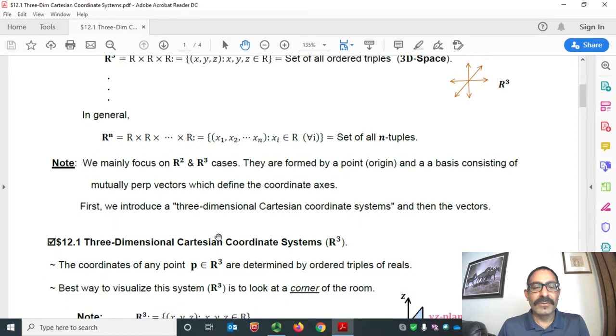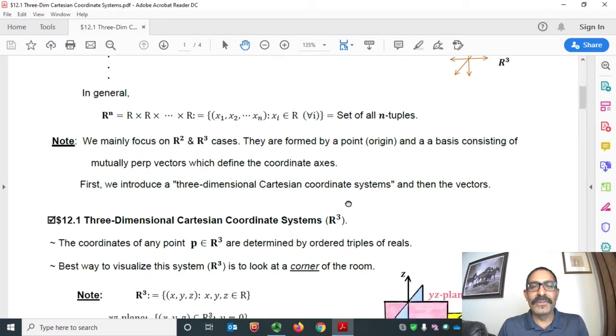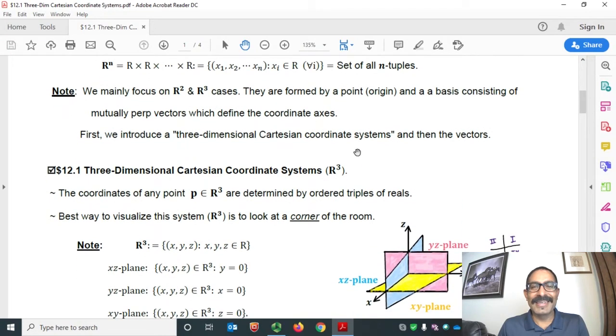So first we introduce the three-dimensional Cartesian coordinate system, and then in the next sections we'll define vectors. So let's officially start Calculus 3, section 12.1, three-dimensional Cartesian coordinate systems, also denoted by R cubed or R3 or space.